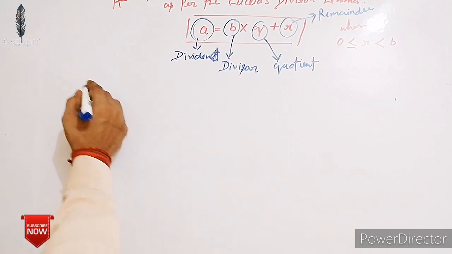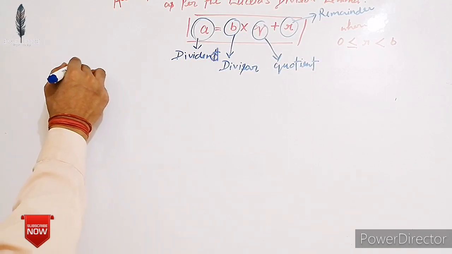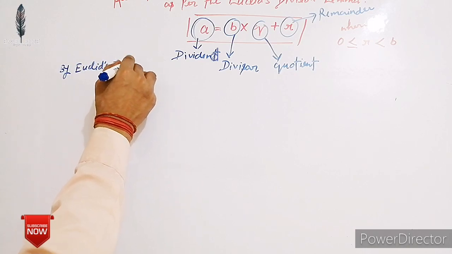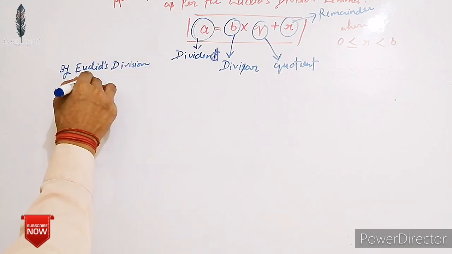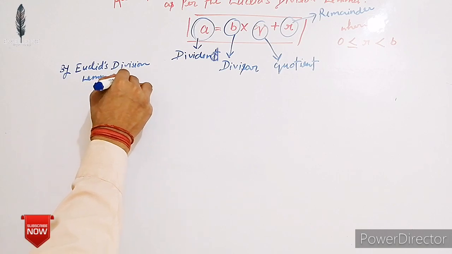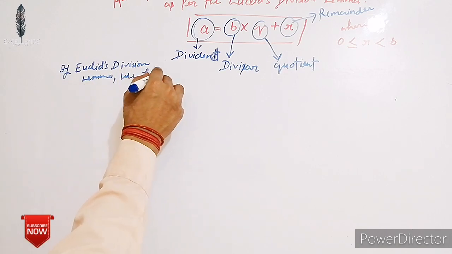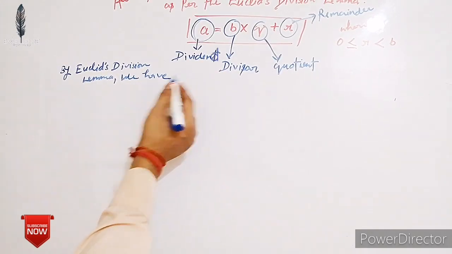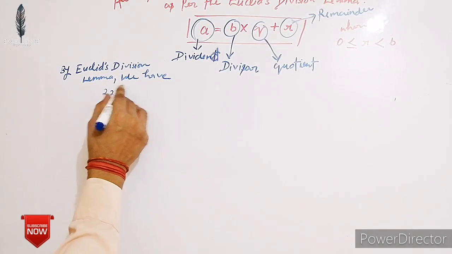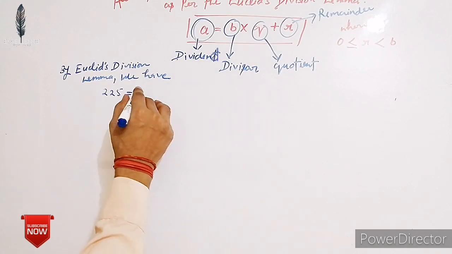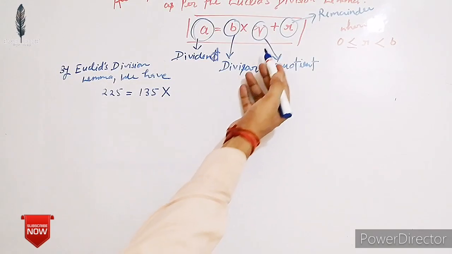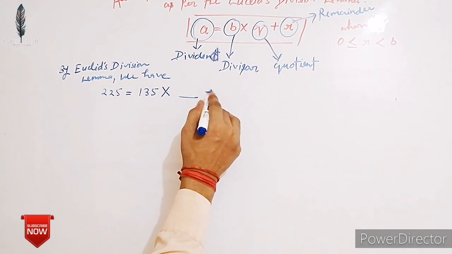So here by using Euclid's division lemma, we have dividend 225 is equal to divisor 135 into quotient plus remainder.